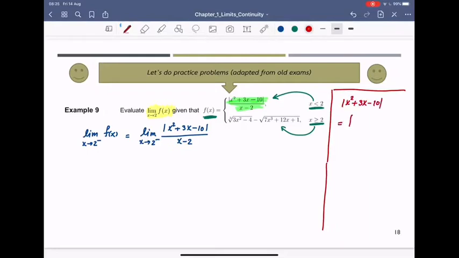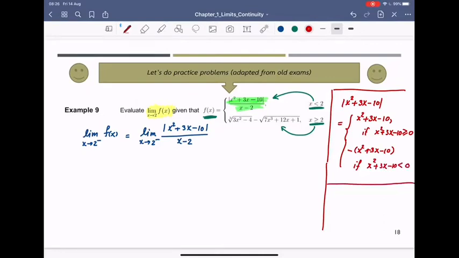This is going to be plus x squared plus 3x minus 10 if this thing is bigger than or equal to 0, and this is going to be minus x squared plus 3x minus 10 if x squared plus 3x minus 10 is less than 0. So this is what you have.